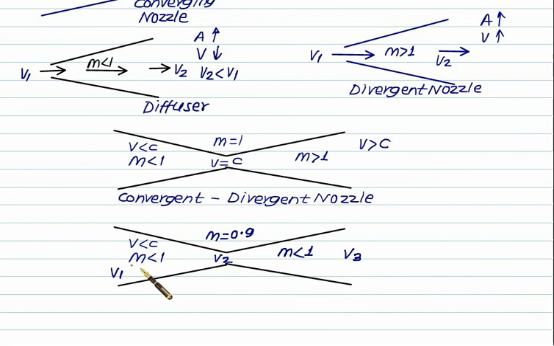Now this one will act as a nozzle, and this, since it's subsonic, will act as a diffuser. It means that in the first part the velocity will increase, that is V2 is greater than V1, and because of the diffuser we have V3 less than V2. So first the velocity will increase and then the velocity will decrease.